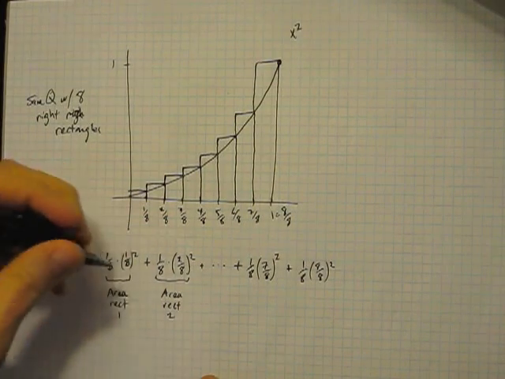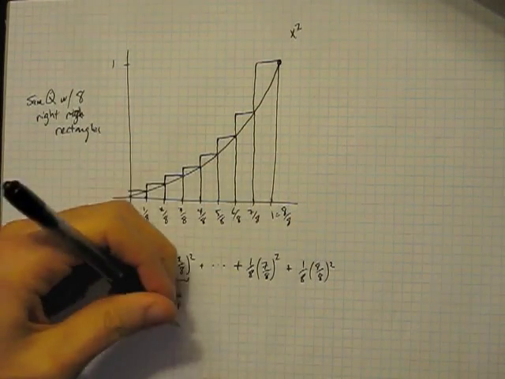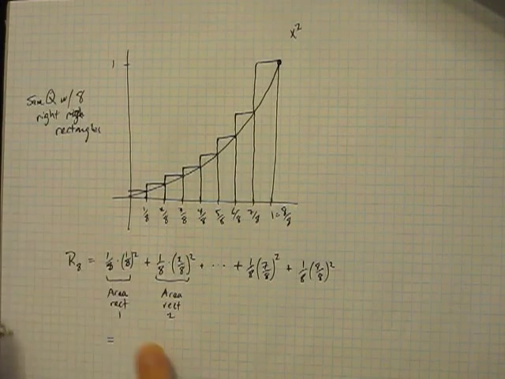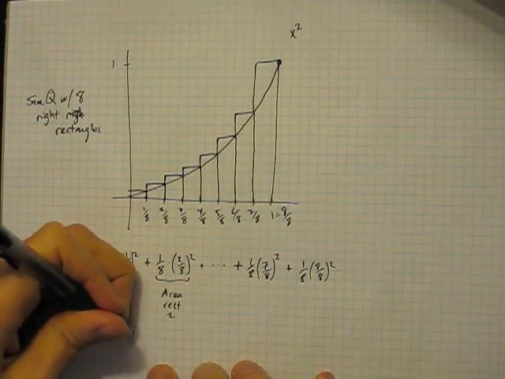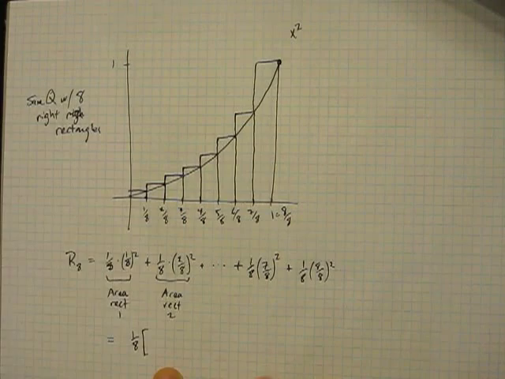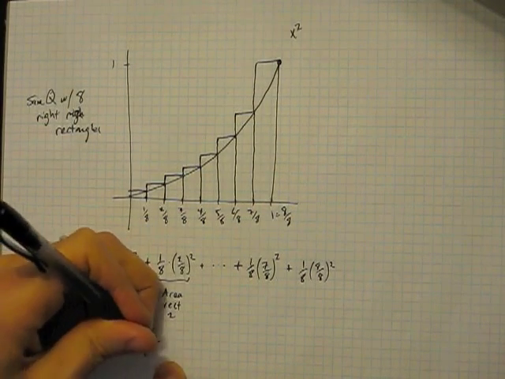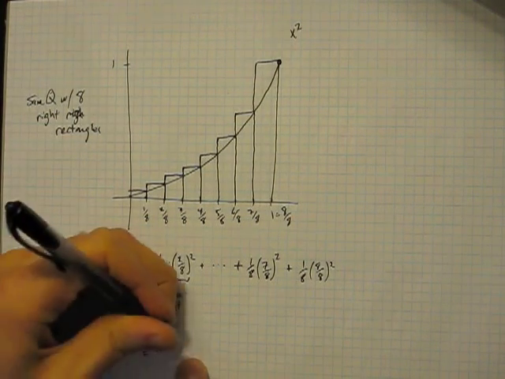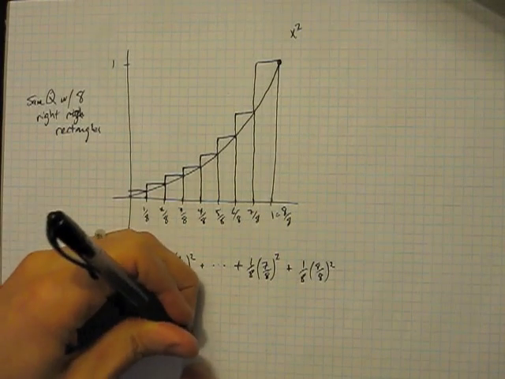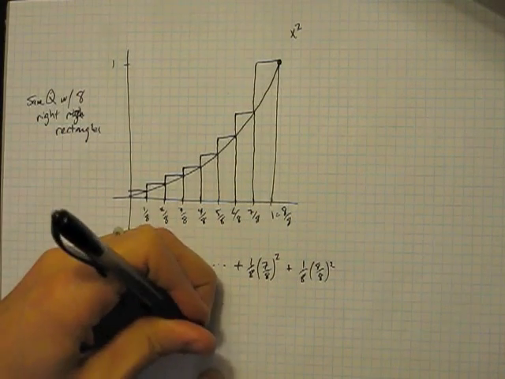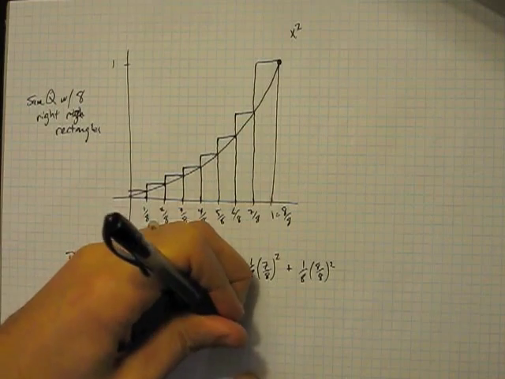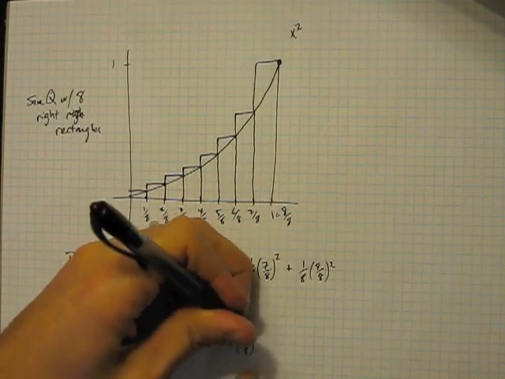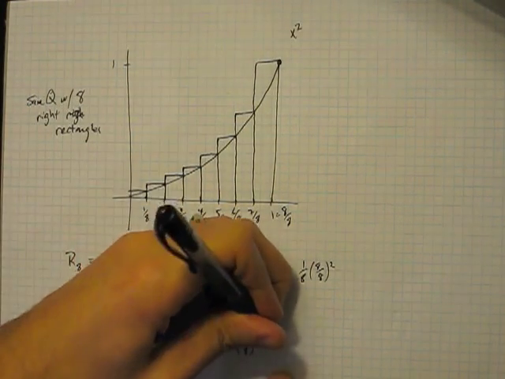So now, if we look at all of this, we sum this up. I'm going to factor out the 1/8 again, and I get 1/8 squared plus 2/8 squared plus dot dot dot plus 7/8 squared plus 8/8 squared.